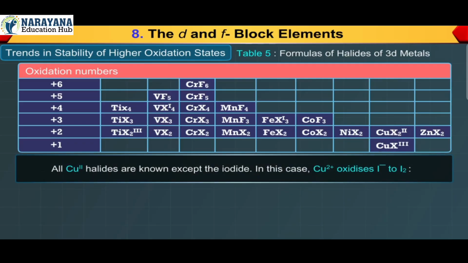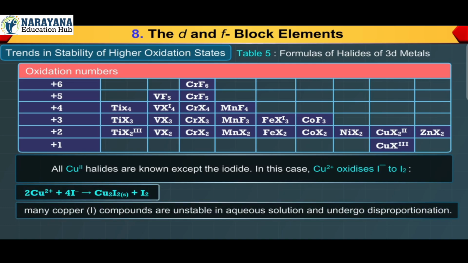All Cu(II) halides are known except the iodide. In this case, Cu2+ oxidizes I− to I2: 2Cu2+ + 4I− gives Cu2I2 (solid) + I2.